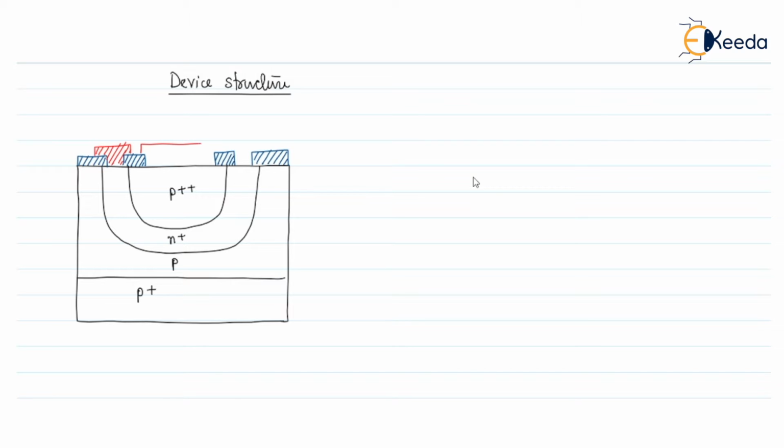Similarly, there is a metal connection required for this terminal, and there is also a metal connection required for this terminal. So you can see there is a terminal connected here, here, and here, and also there will be a metal connection here.